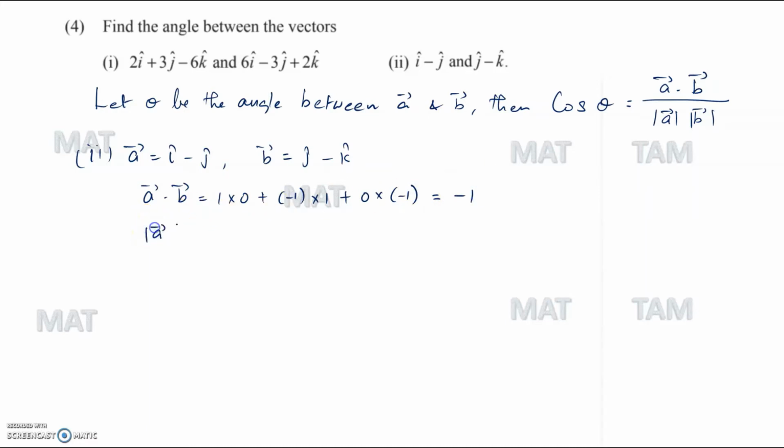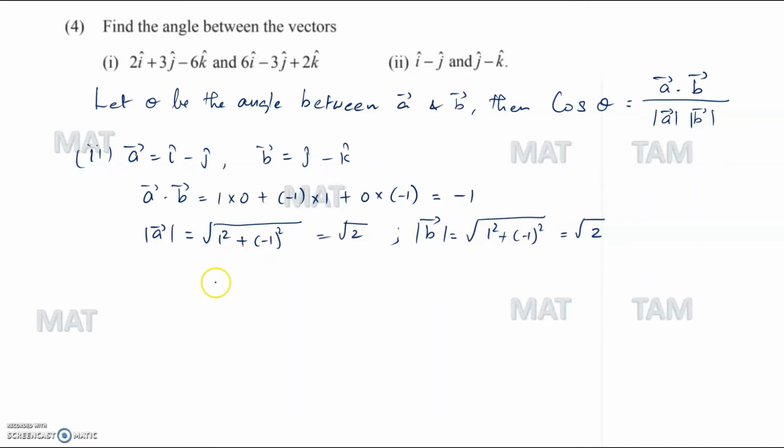And our magnitude of A is equal to square root of 1 squared plus minus 1 squared, which will be equal to root of 2. And our magnitude of B is equal to square root of 1 squared plus minus 1 squared, which is also equal to root of 2.